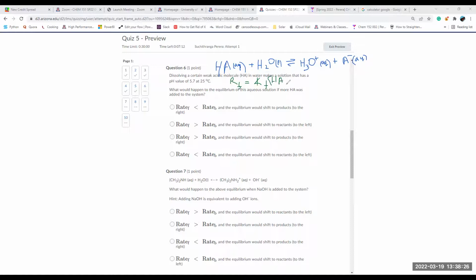And the rate reverse, the rate backwards, is equal to the rate constant for the reverse reaction times two concentrations, H3O plus concentration and the A minus.